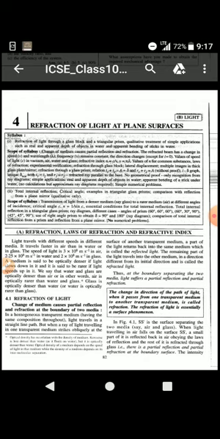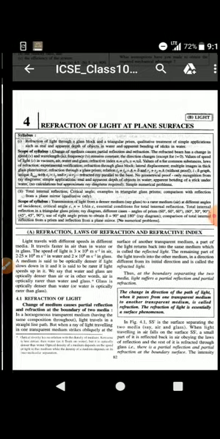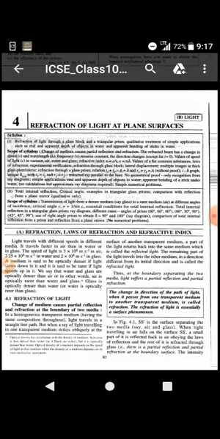In refraction, there is a change in the direction of light, and it transfers from one medium to another medium. In reflection, both are in the same medium, whereas in refraction, the light travels from one medium to another.